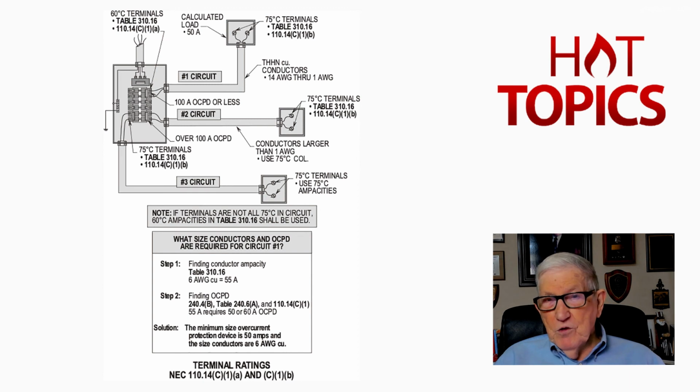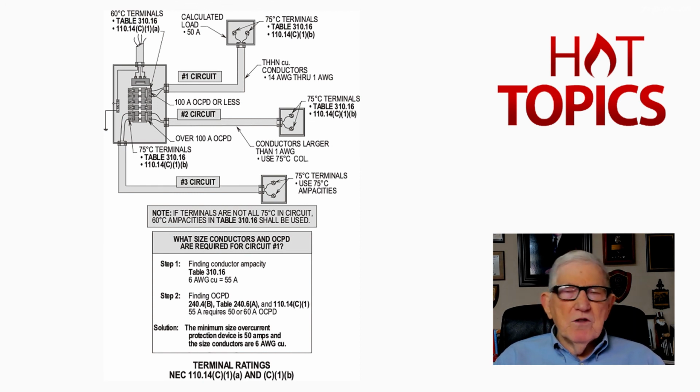A 55 amp conductor at 50 or 60 on an overcurrent protection device. So up here you're going to have to cable it at 60. So the solution would be the minimum size overcurrent protection device is 50 amps and the size conductors are number 6, but I'm cabling it at 60 degrees C.